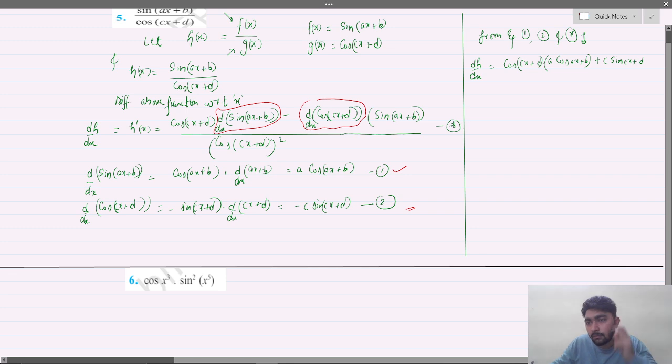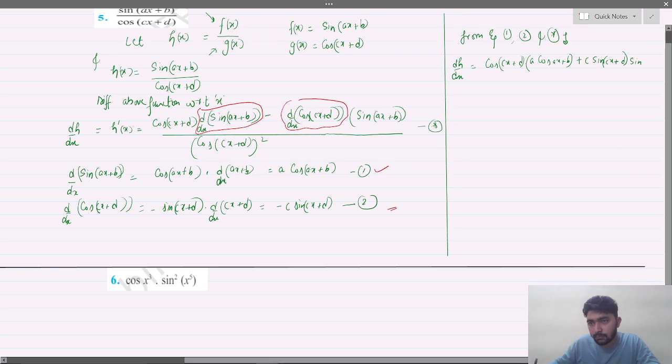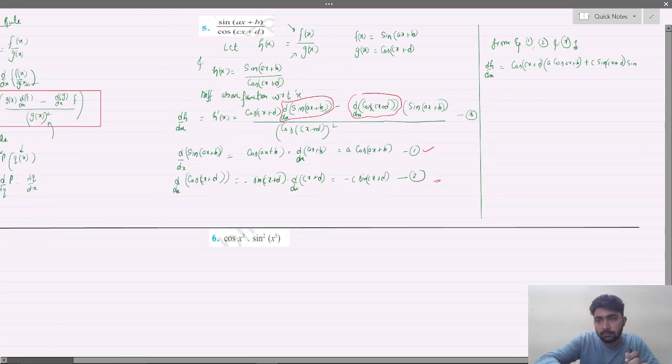Okay, c sine of cx plus d, and here sine of ax plus b we have. Okay, and here your cos of cx plus d whole square.